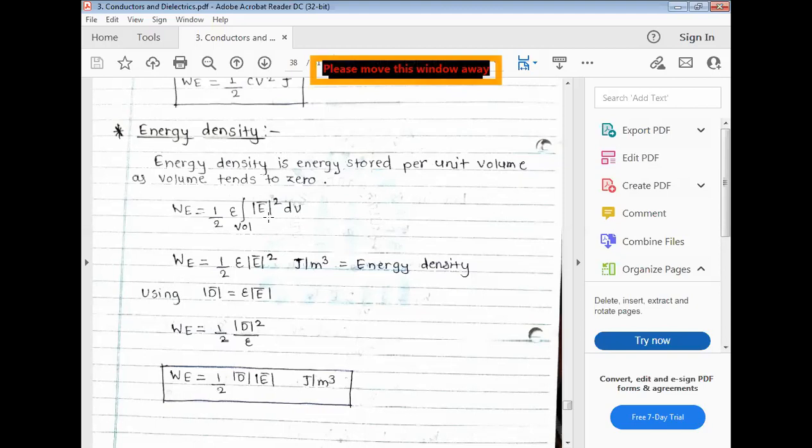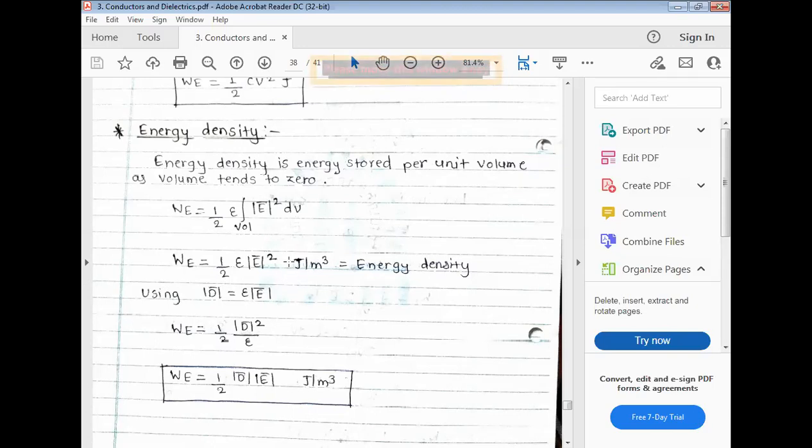Now here WE is equal to 1 upon 2 epsilon mod of E square. It is the energy density when you are taking the volume as 0. When your volume tends to 0, that equation is considered as energy density. So you have to remember this equation only.